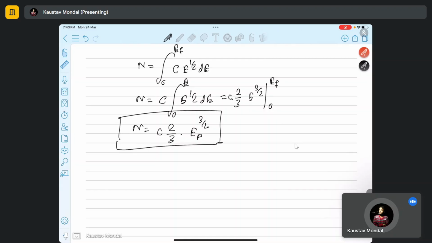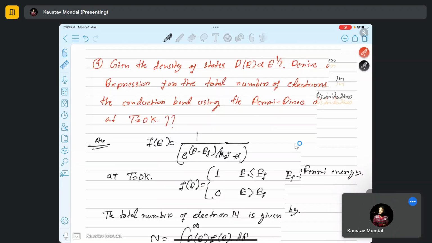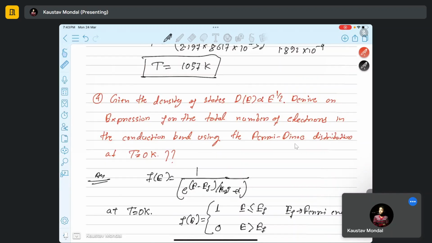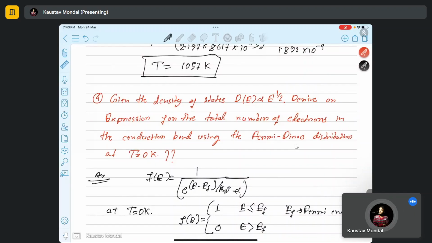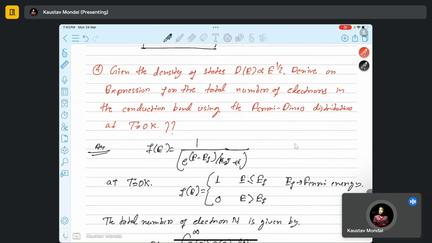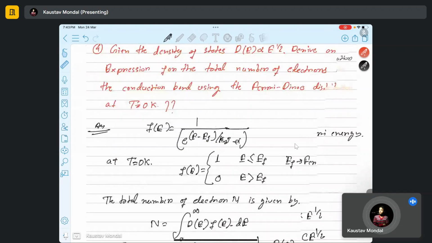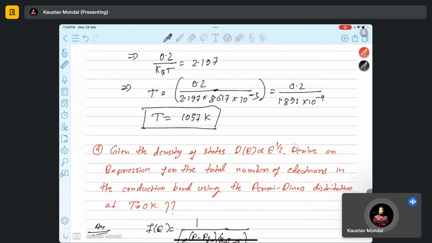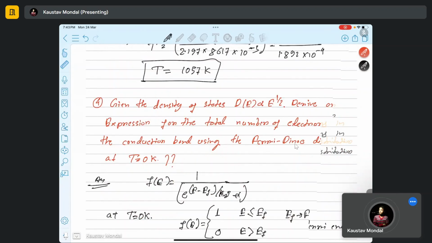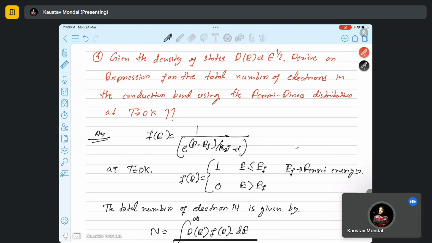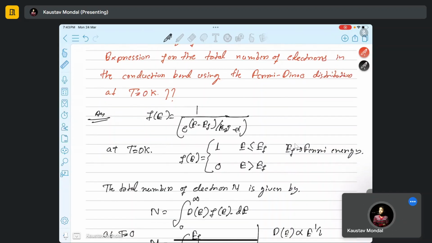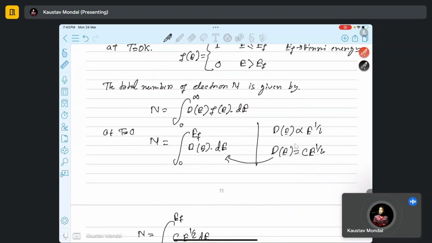I hope all of you understood how to solve this problem. The density of energy states is given, and from there you have to calculate the total number of electrons. As electrons follow Fermi-Dirac statistics, we first write the expression of the Fermi-Dirac statistics, as for any fermions.